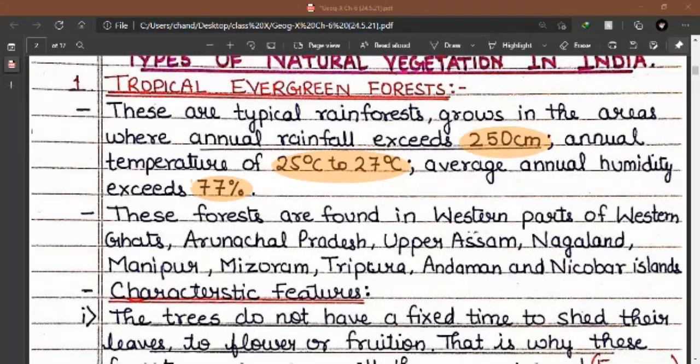These forests are found in the western parts of Western Ghats, Arunachal Pradesh, Upper Assam, Nagaland, Manipur, Mizoram, Tripura, Andaman and Nicobar Islands, etc.